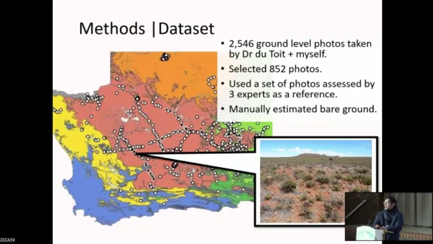From these more than 2,500 photographs, I selected about 552 based on some criteria for remote sensing work, and manually estimated bare ground cover from these photos. To make it consistent, I made a set of reference photos, which was assessed by 3 experts, including myself.